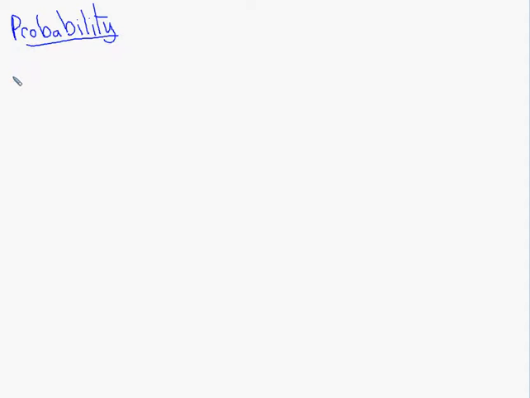Alright, we're doing probability. And yesterday we started with the example of the spinner. I'm just going to write up here our probability formula. So if I have a probability of any event, basically we want the total number of outcomes over the favorable outcomes of what we actually want to happen.